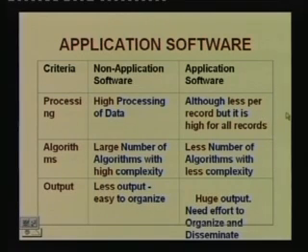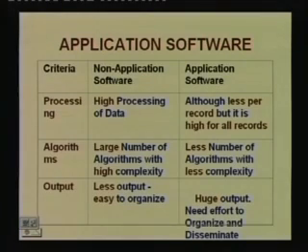Alright. So, as far as application software is concerned, the processing is not a very big challenge. So the programming complexity usually is low. It is not necessary that you have to write very difficult programs, where the algorithm is very difficult. No, usually, unless the situation is really very complex, the processing logic is not the major challenge.